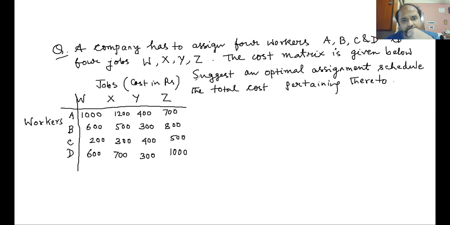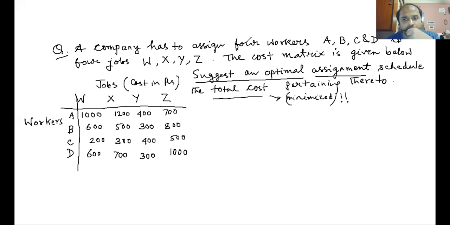This means you are going to assign the workers to jobs in such a way so that your total cost is minimized, because assignment problem is a minimization type of problem. This is the main criteria which needs to be satisfied.